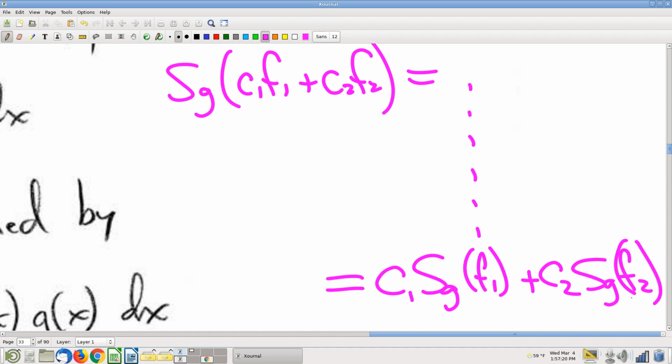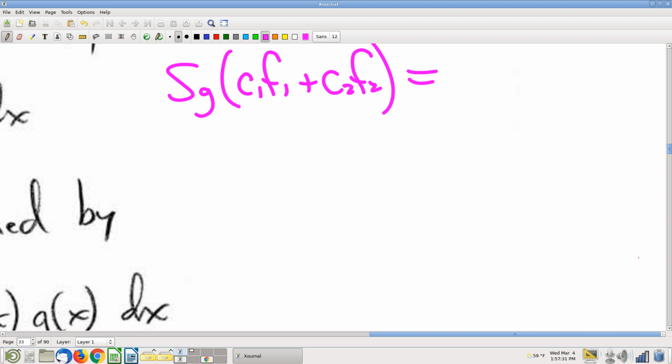So this is the structure of the argument I'm about to make. Linear combination in, linear combination out. That said, let's do it.